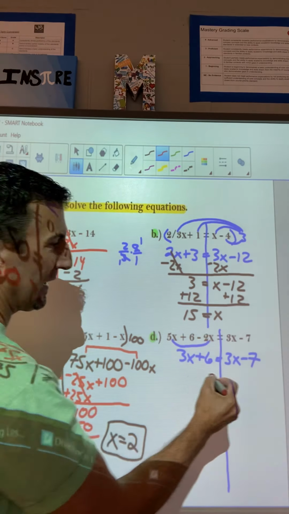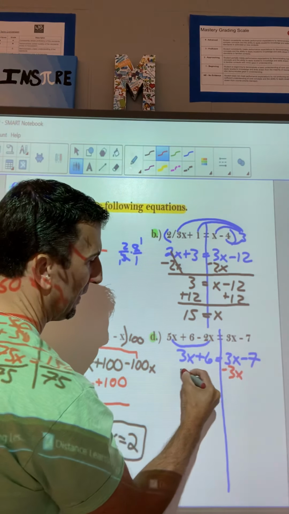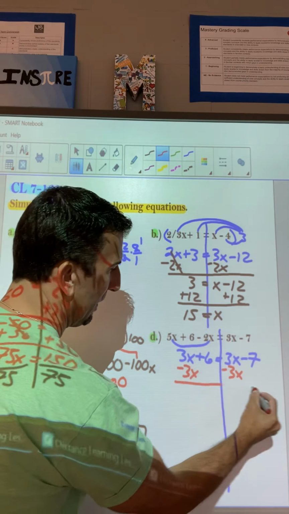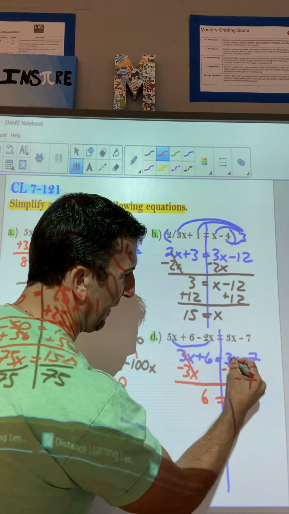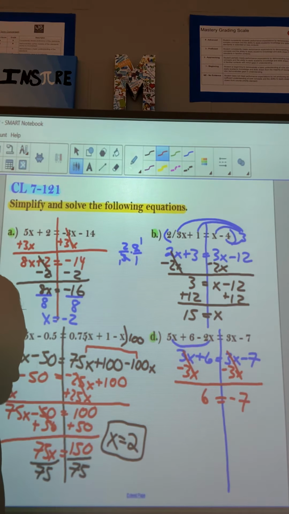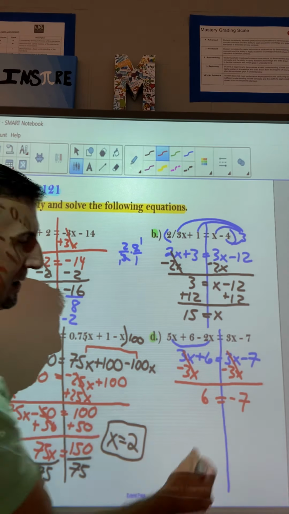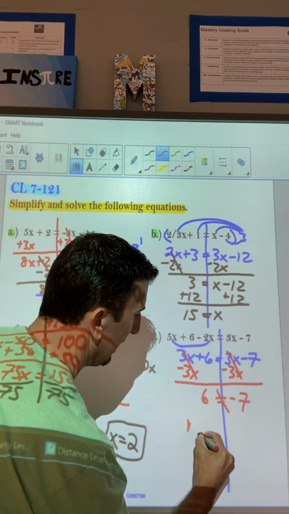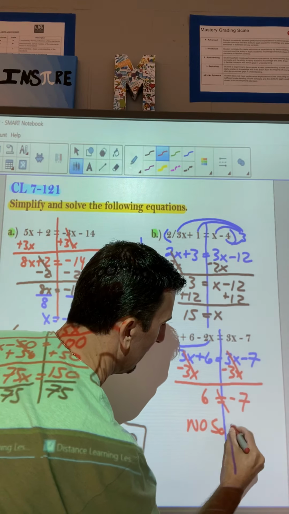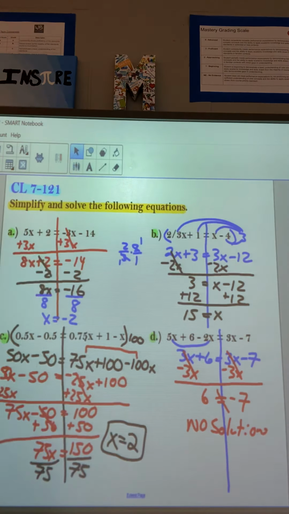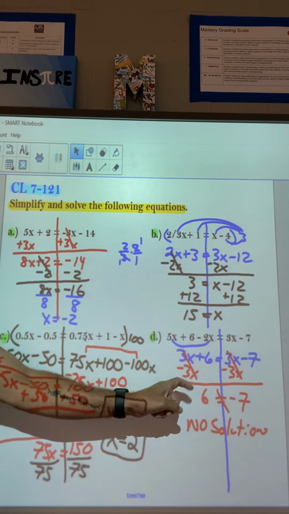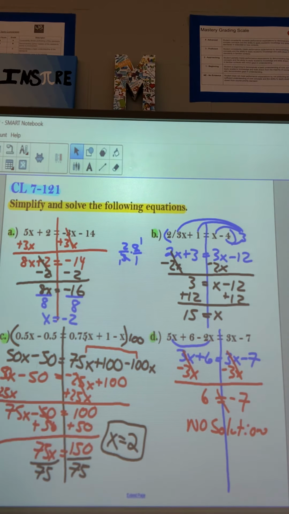Let's move the x's together. So I'm going to subtract 3x. So I get 6 is equal to negative 7. Does 6 actually equal negative 7? So this is no solution. We haven't done that in a little while, but you have done those before.